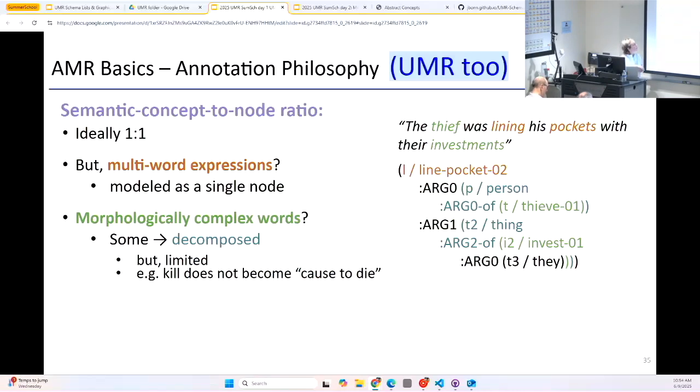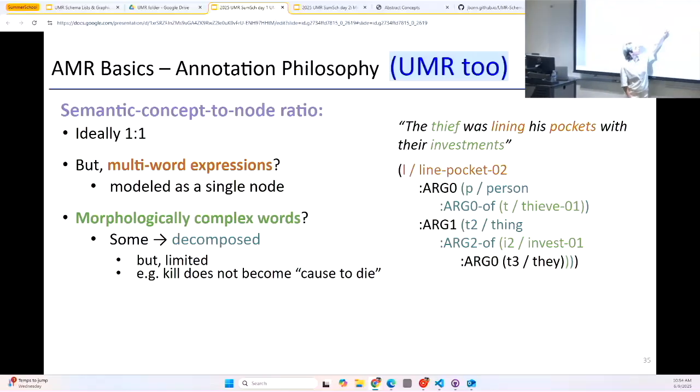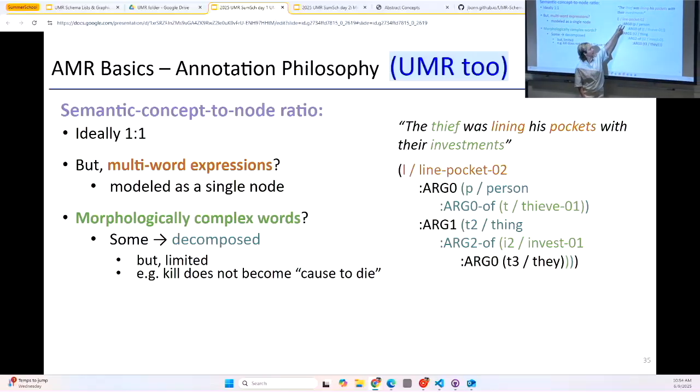We're going to talk more about this tomorrow. But multi-word expressions and morphologically complex words are complicated, especially as you get into lower resource languages, polysynthetic languages, but they're also complicated in English. Basically, AMR would let you cluster multi-word expressions together. Like line pockets, that's one semantic concept, so you can put it in one node.